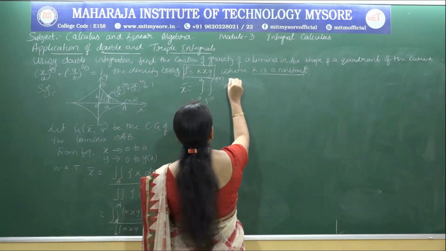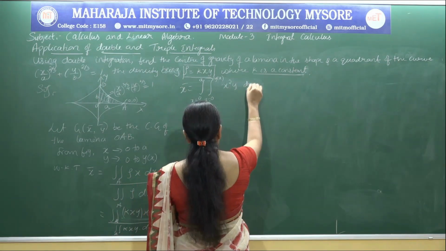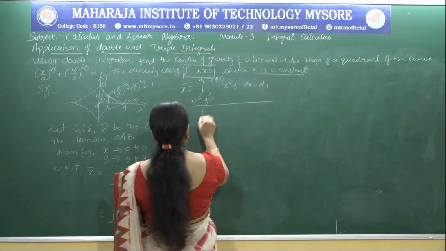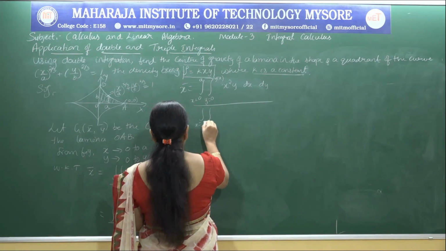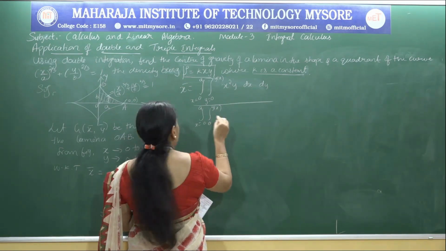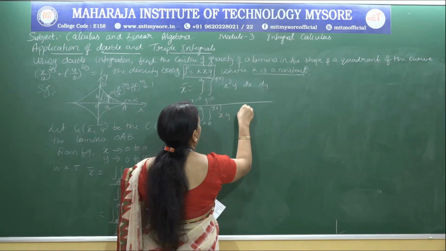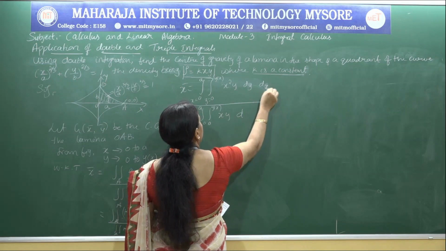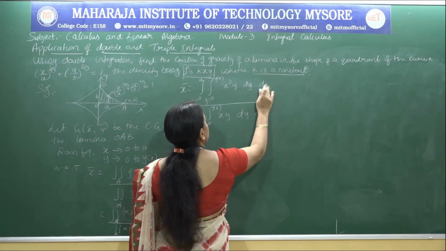We remain with x square y dx dy, whole divided by the double integral with x varying from 0 to a and y varying from 0 to function of x, xy dy. So of course I have to write first dy and then dx.